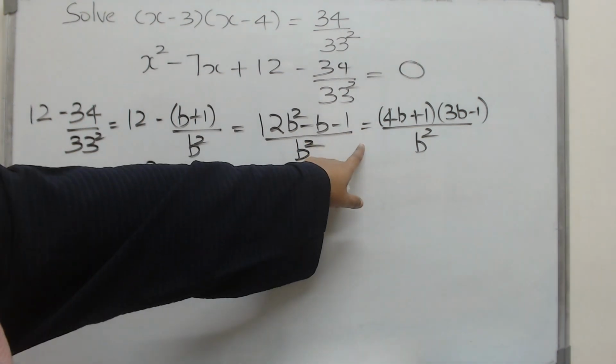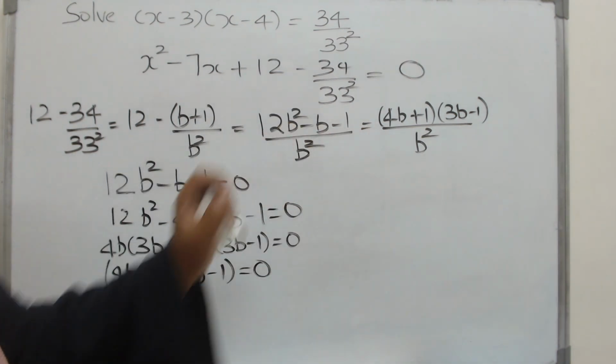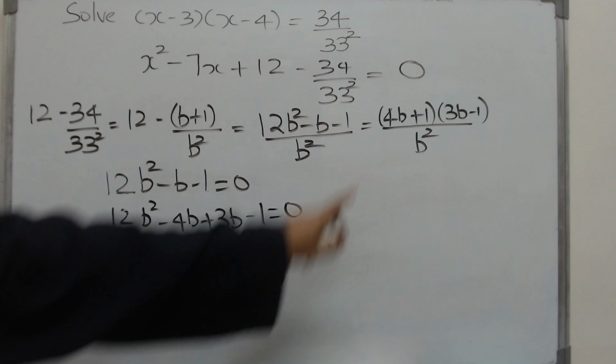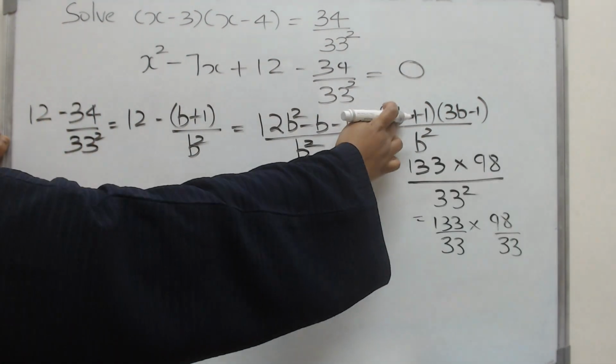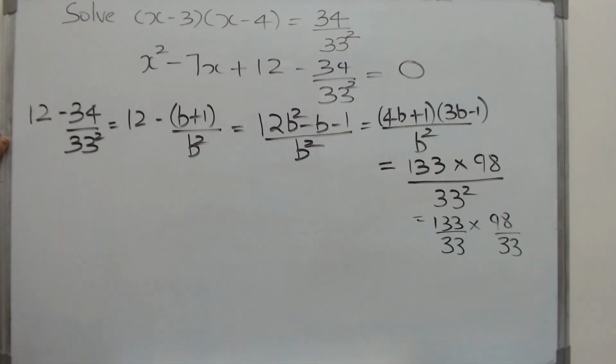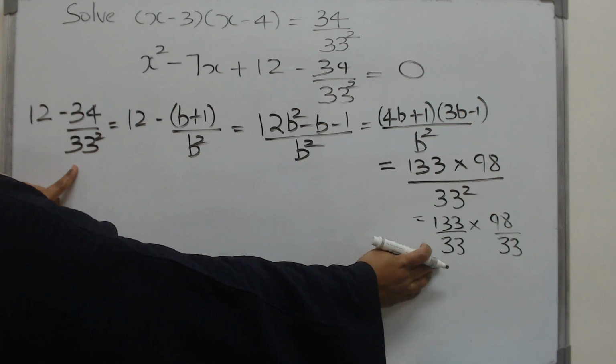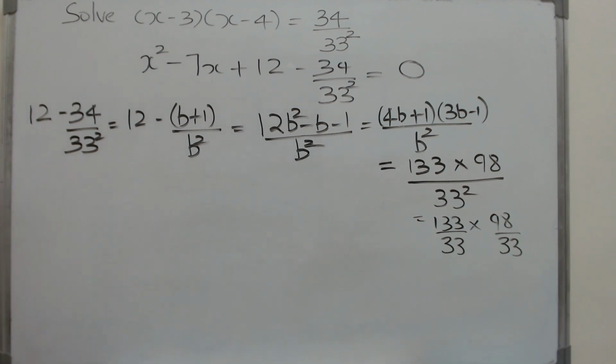Now put it back where we need them, but then remember what we started with. Our b was actually 33. So there, instead of b, we have put back the 33 that we started with, and we have got such two numbers. Obviously, you see here, that is what we started with.